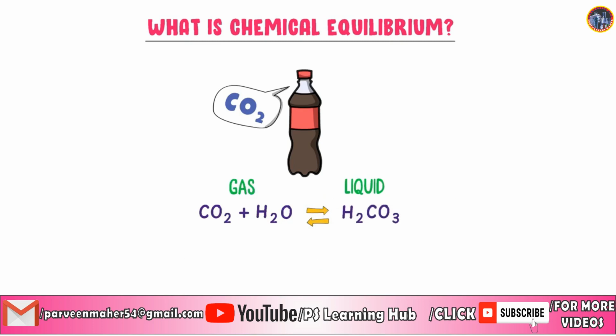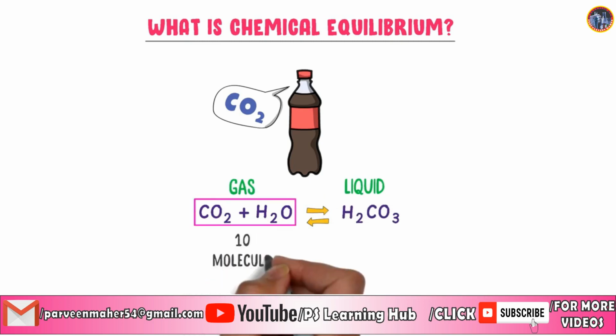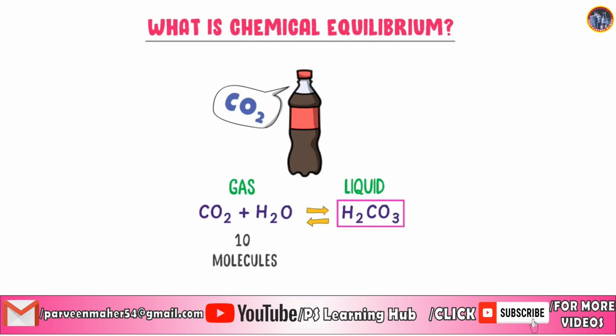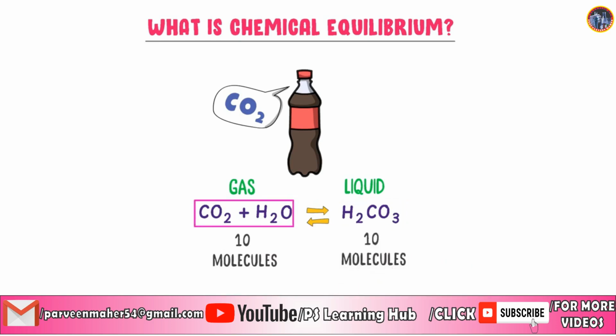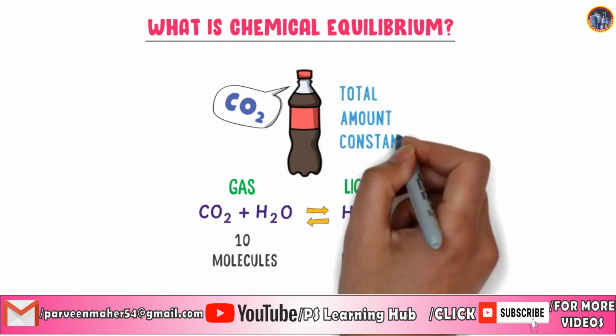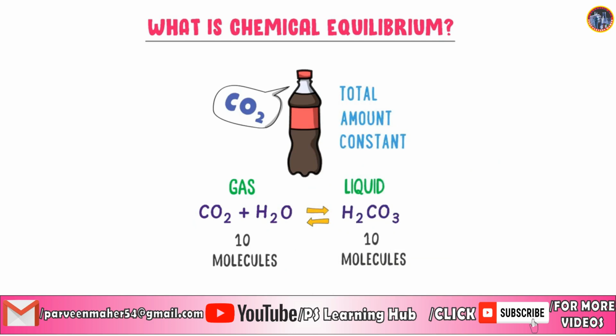Now a time will reach when 10 molecules of carbon dioxide gas will convert to the liquid phase, and at the same time 10 molecules of carbon dioxide gas will convert from liquid to gaseous state. But remember that the total amount of carbon dioxide gas remains constant inside the bottle.